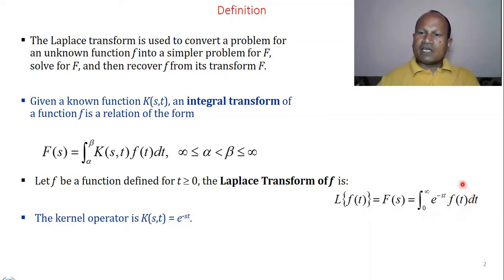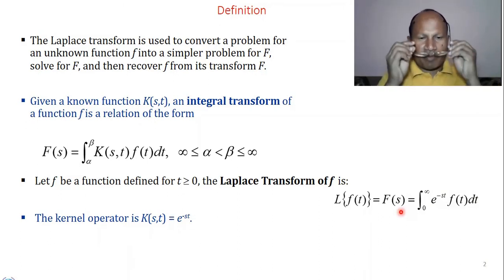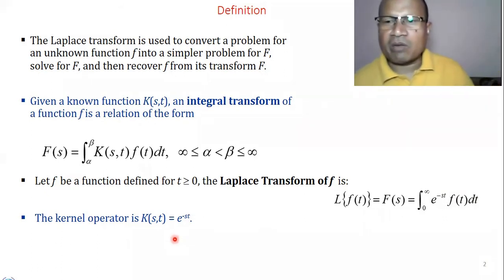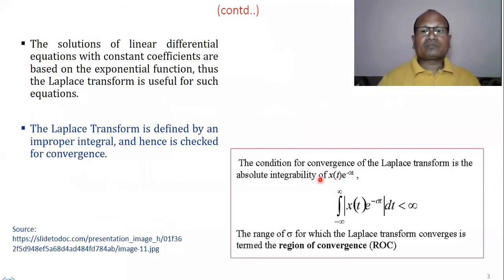So f(t) is the function being converted into its Laplace transform, and e to the power minus st is the operator being used. This is called the kernel operator. We can also write it as K(s,t), which is e to the power minus st.